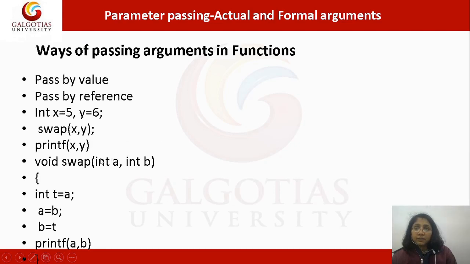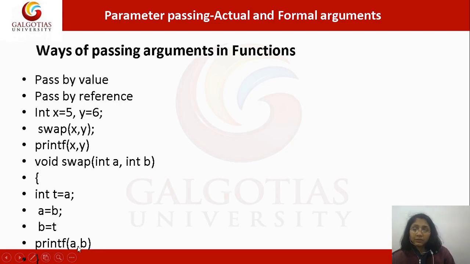Now, this is another example, ways of passing. Suppose we have a function print xy and another swap function. There are two functions. Inside the swap, I am calling the print function with A, B. Swap is the caller function, and print is the called function.